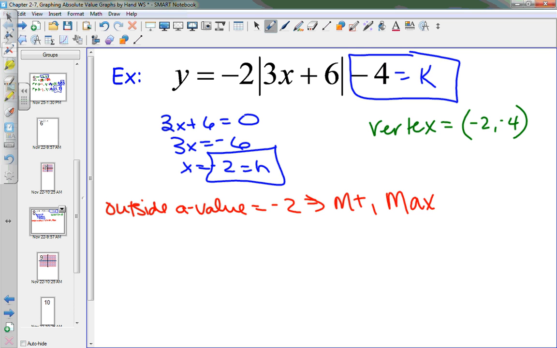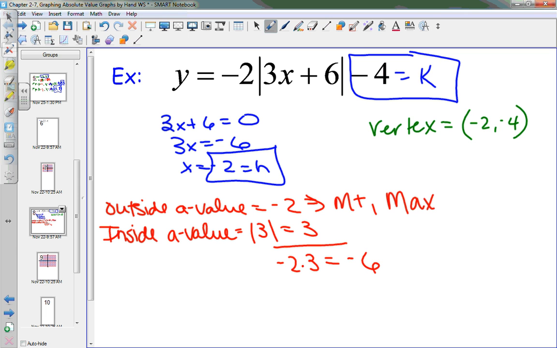What's my inside a value? What is the absolute value of 3? 3. Now what do I do with those 2 a values? I'm going to take negative 2 times 3 to give you negative 6. Multiply them together, correct?